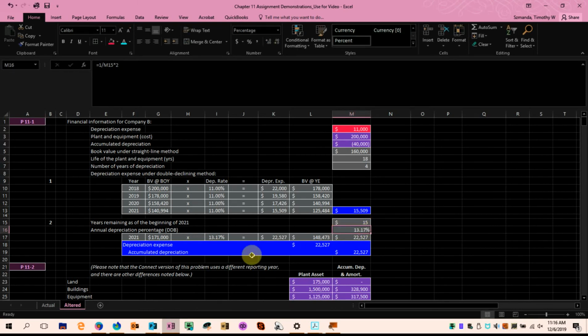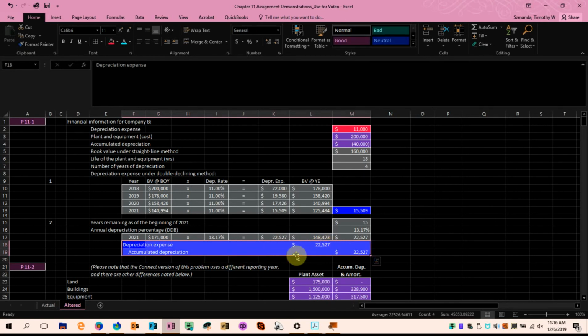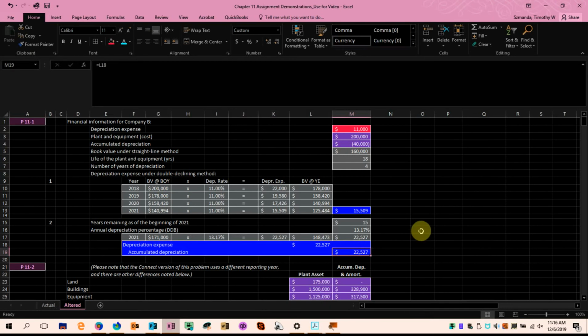And that gave me a rate of 13.71% times 171,000. That gives total depreciation expense of 22,527. And then we just record the journal entry we've done before, which is debit depreciation expense for 22,527 and credit accumulated depreciation for 22,527. And that's the journal entry then.